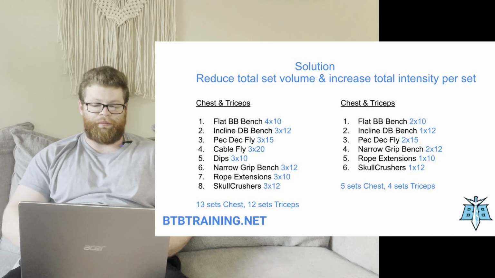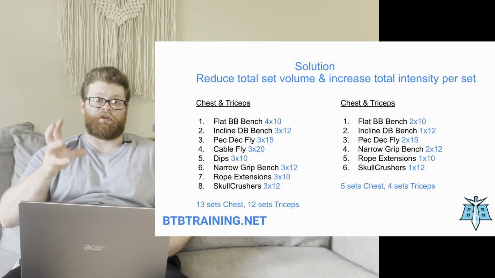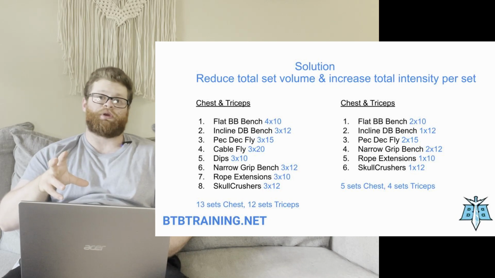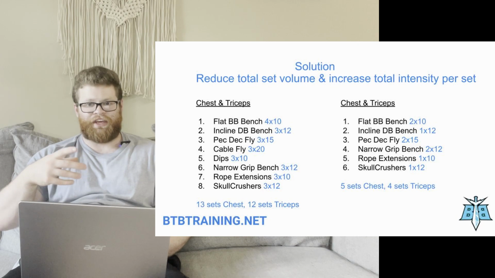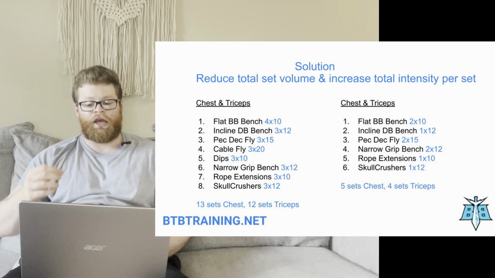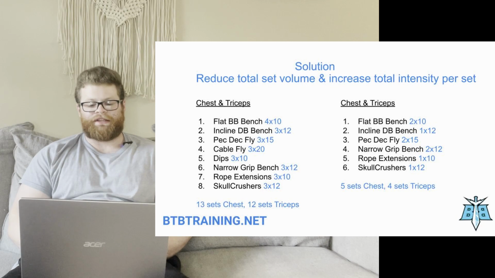And so that was one of the main things that I did in this solution here: aside from the fact that I reduced the total amount of exercises, like I did in point 1, I took this from an 8 exercise session to a 6 exercise session. I also brought our total workload from 13 sets of chest down to 5 and 12 sets of triceps all the way down to 4.